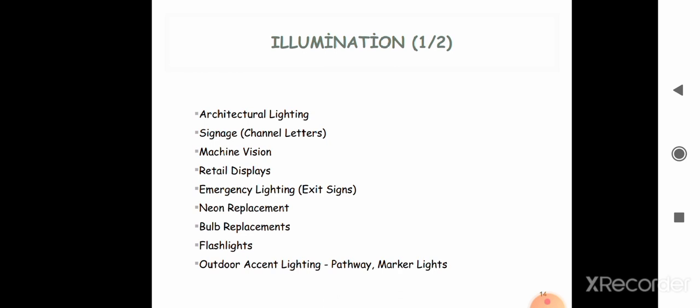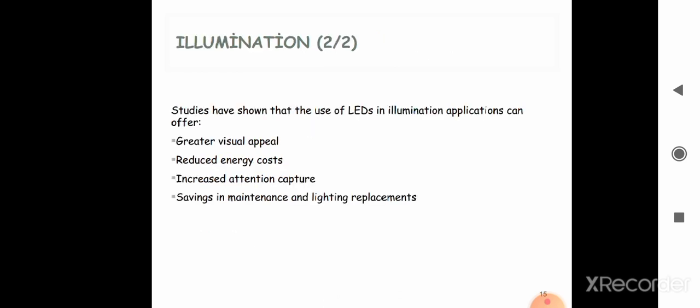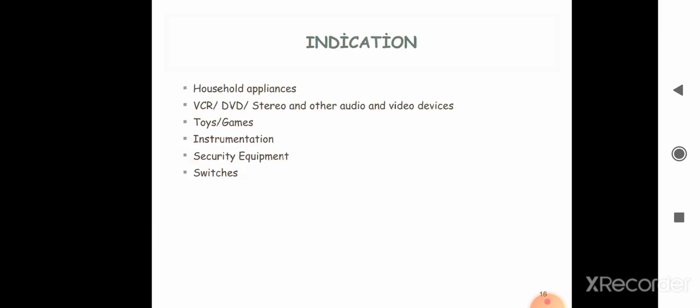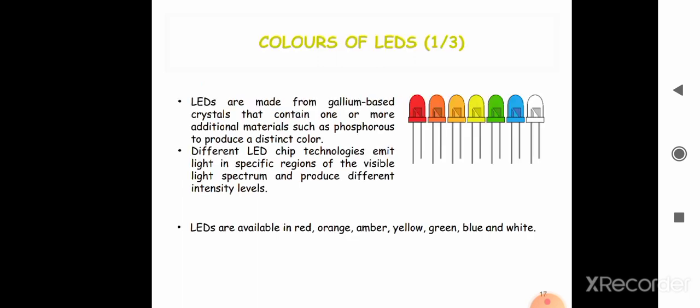Then machine vision, retail display, emergency lighting, neon display, bulb replacement, flashlight, outdoor accent lighting. Then general visual appeal, reduced energy cost, increased attention, savings in maintenance and light replacement. Then indication devices, which are used in household appliances, VCR, DVDs, toys, games, instrumentation, security equipment, switches.